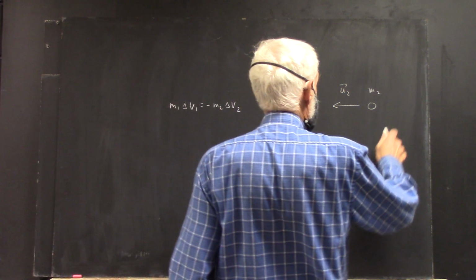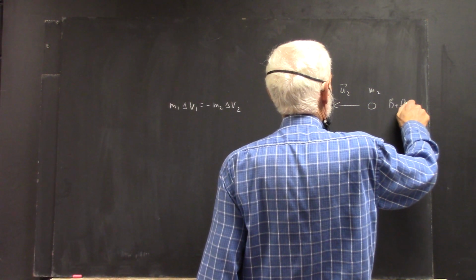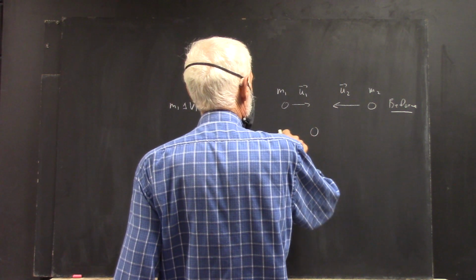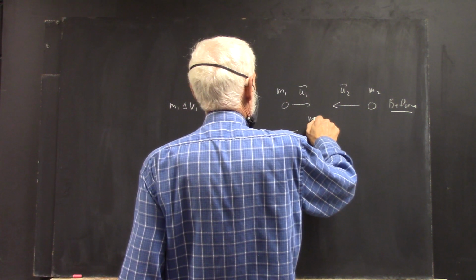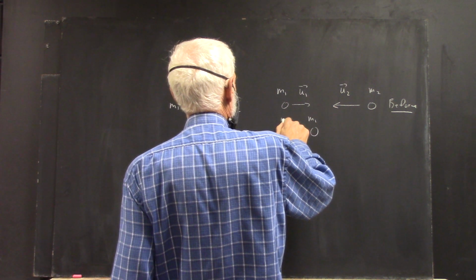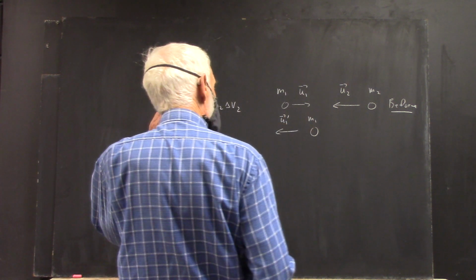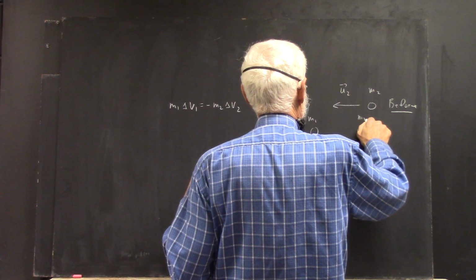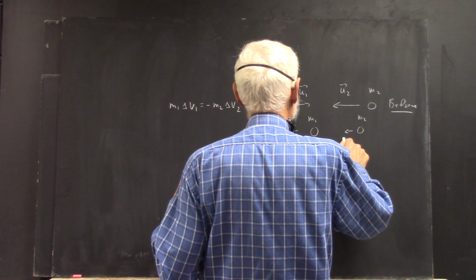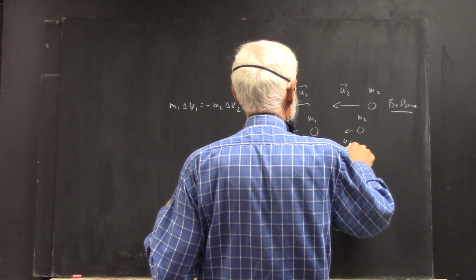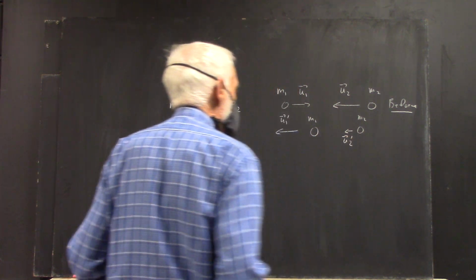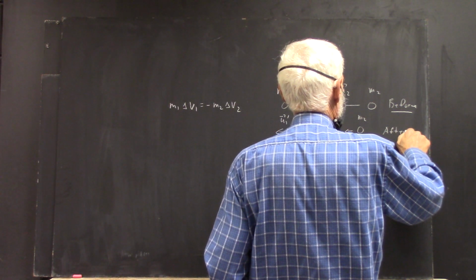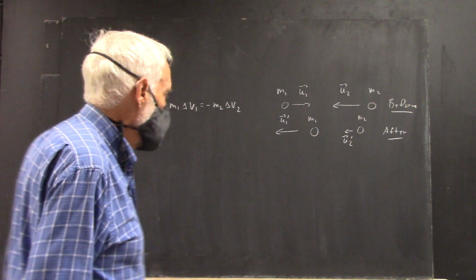This is before collision. After collision, we've got M1 going to call it U1 prime, and M2 is a lot bigger than M1. It might still be moving forward, but more massive. So this is after. Your book will use different notation, but the idea is the same.